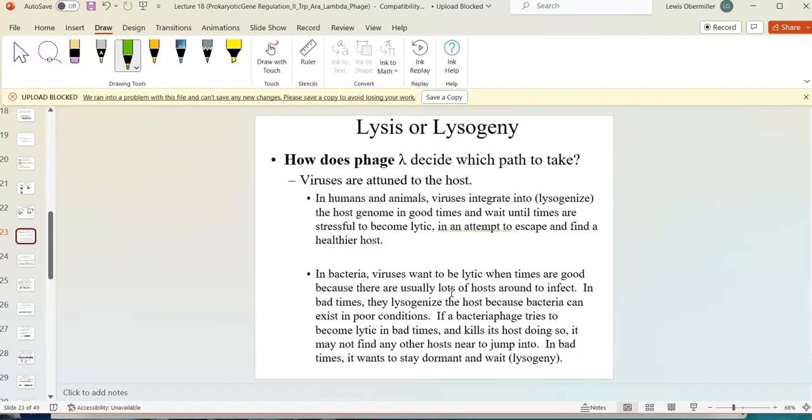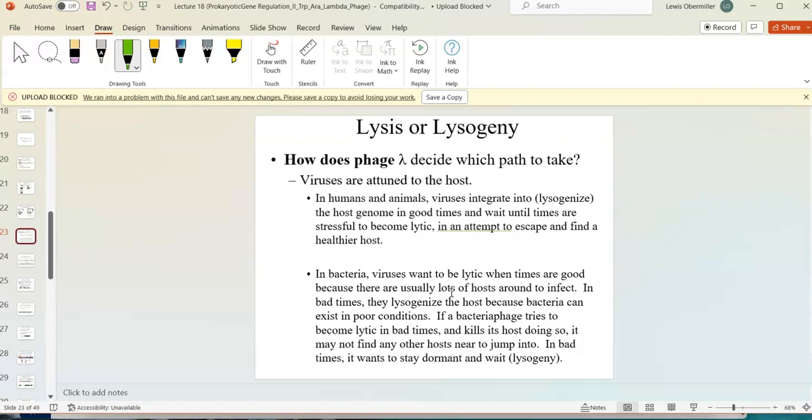In bacteria, viruses want to be lytic when lots of nutrients are around. This is because bacterial cells can separate, right? They go their own way. In an animal host, we're multicellular, so our lung cells cannot just take a trip down the river like bacteria can.